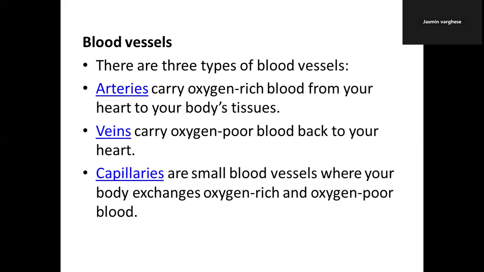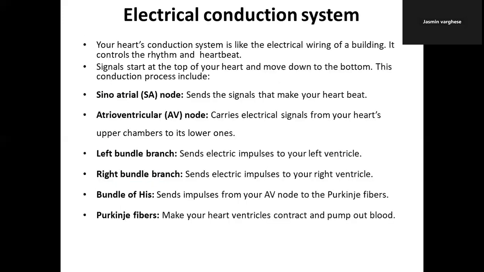All right, guys. So apart from that, all arteries carry oxygenated blood only. Okay, then veins. Veins carry what type of blood? Deoxygenated blood. The superior vena cava and inferior vena cava, all these veins are carrying deoxygenated blood back to our heart. And capillaries are the small blood vessels where your body exchanges oxygen-rich and oxygen-poor blood.